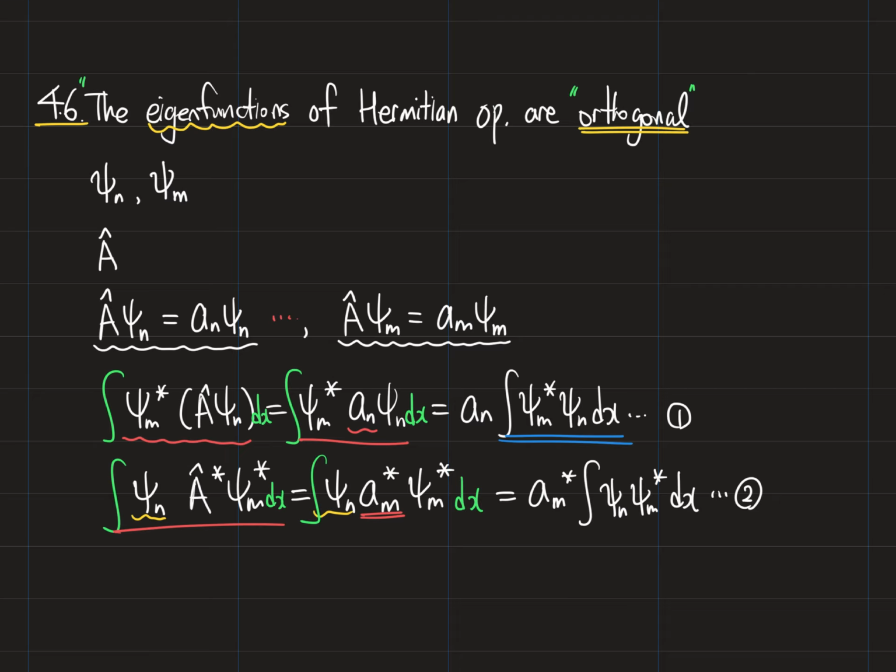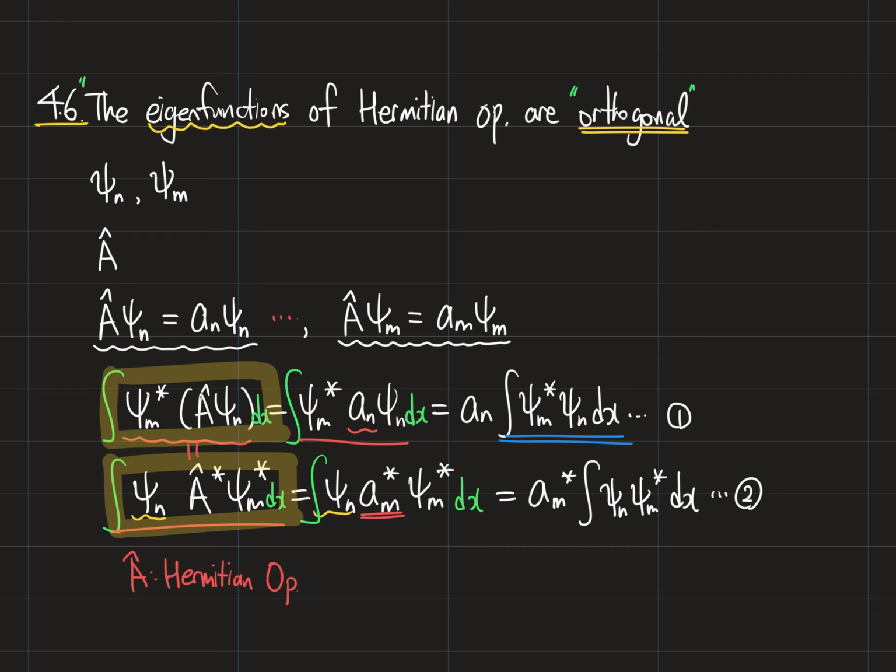You might realize that the two expressions in the yellow box can be the same if the operator A is Hermitian, right? They can be equal under the condition that A is a Hermitian operator. This is exactly the definition of the Hermitian operator.